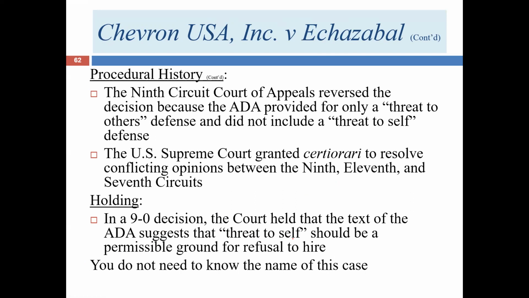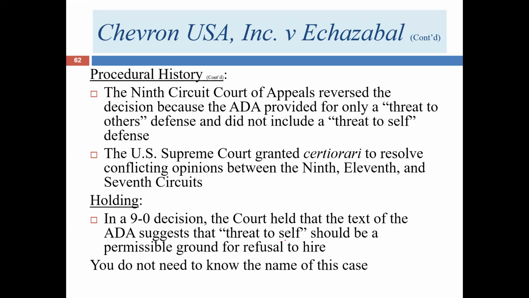Now you may say that's awfully paternalistic of the court. It is a little bit, but maybe not so much, because keep in mind, if this person had been hired into this position and his condition had worsened, Chevron very likely would have to pay workers' compensation benefits and also health insurance benefits, assuming this was a benefit eligible position.